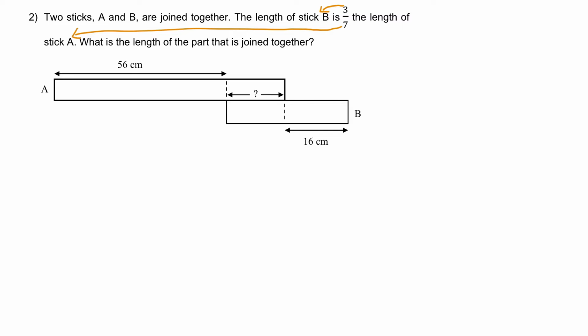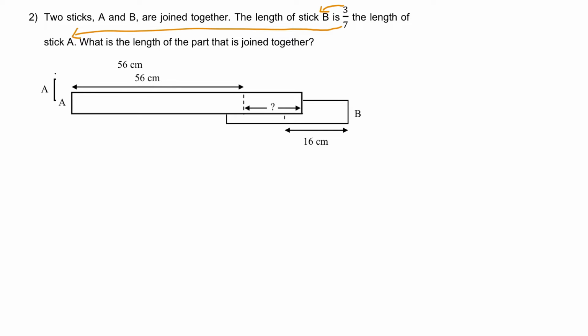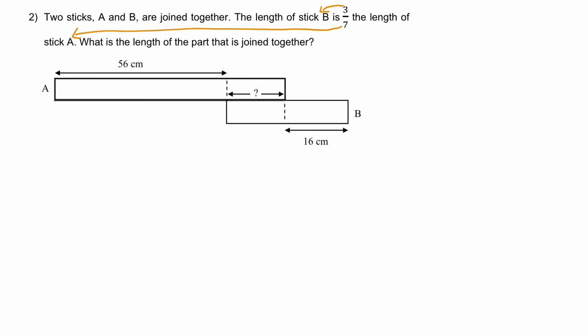Let me first cut out stick A. Before I start shifting it, I want everyone to notice this distance over here. The gap over here is 56 centimeters right now. As I start shifting stick A to the right, centimeter by centimeter, think about what happens to the length here. Is it increasing or decreasing or stays the same?